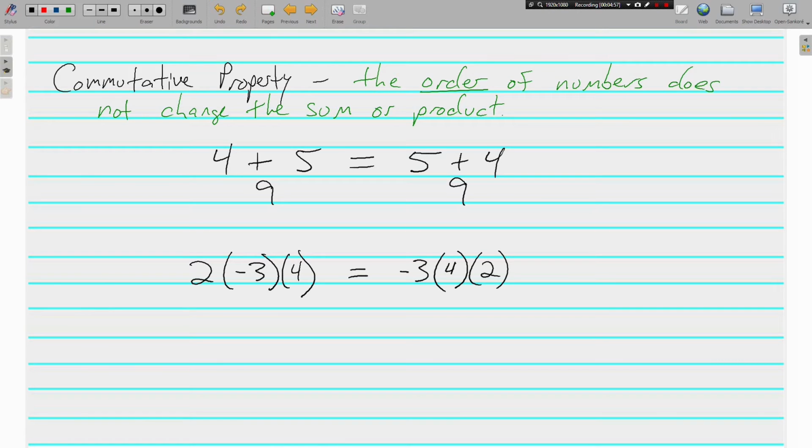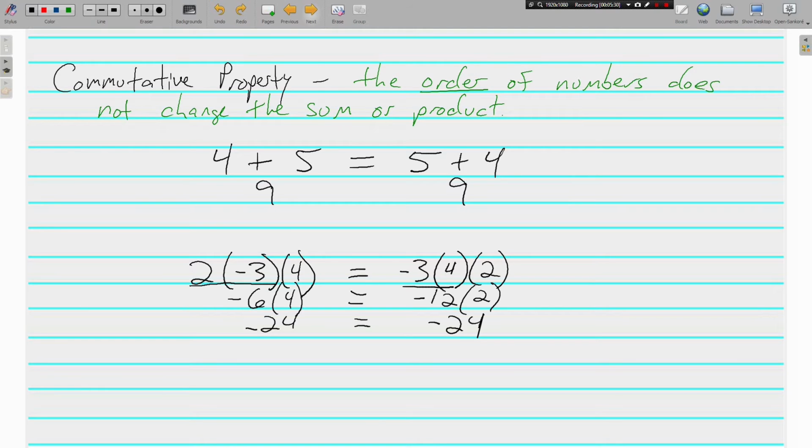They're just in a different order, my product is not going to be any different. 2 times negative 3 is negative 6. Times 4 is negative 24. Negative 3 times 4 is negative 12. Times 2 is negative 24. Commutative property. Changing the order will not change the sum or the product.